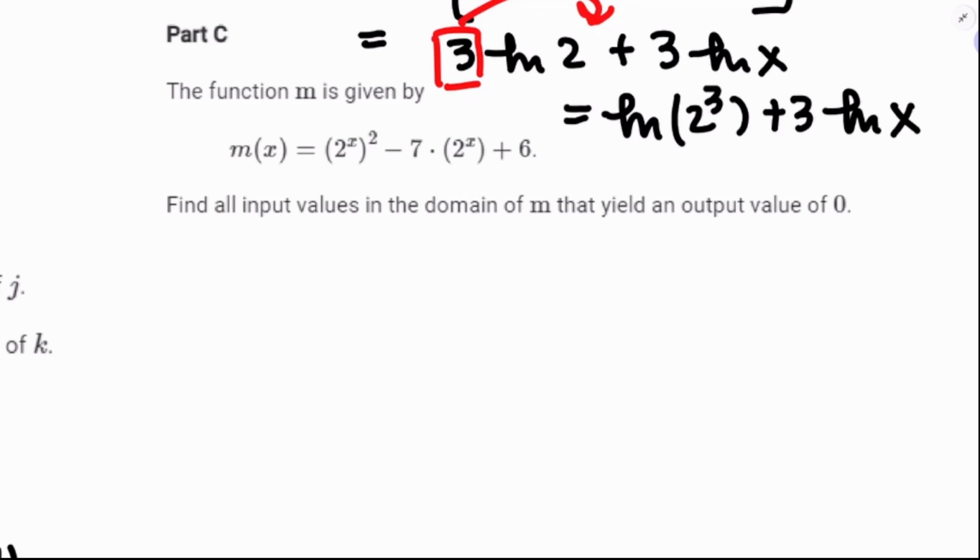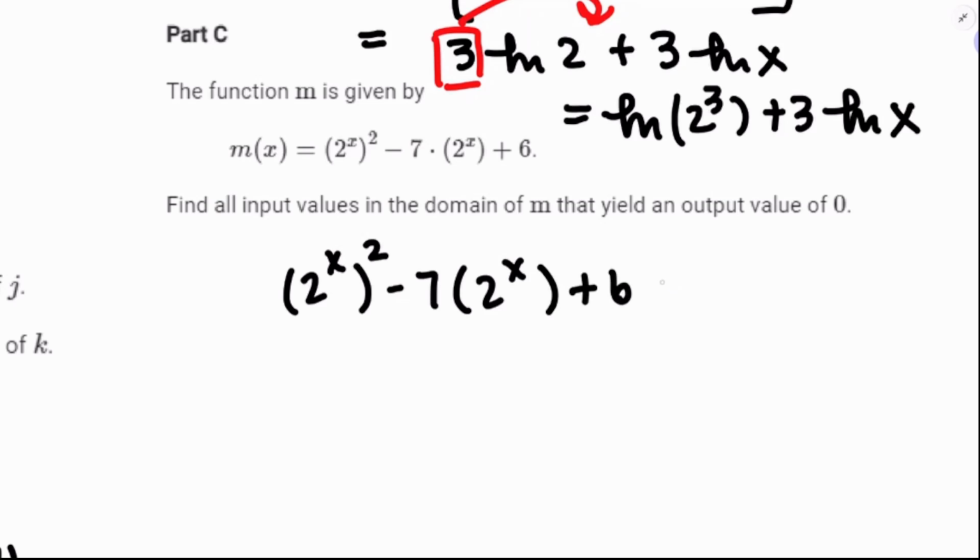What we need to do is set m equal to 0. 2 to the x squared minus 7 times 2 to the x plus 6 equals 0. This thing is factorable, it just doesn't look like it. Suppose t equals 2 to the x.